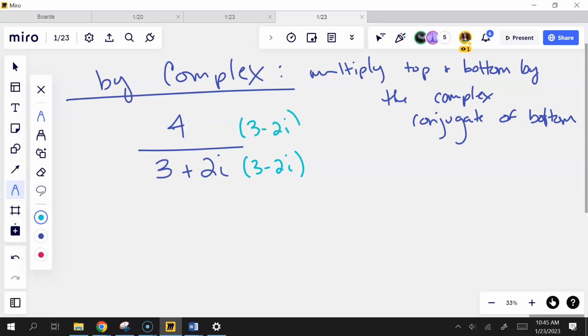But what I do to the top, I have to do to the bottom as well. So the top becomes 12 minus 8i, and the bottom, if I do this correctly, all my i's are just going to poof, disappear, right? 9 minus 6i plus 6i minus 4i squared. -2.